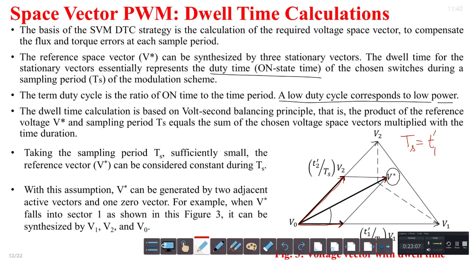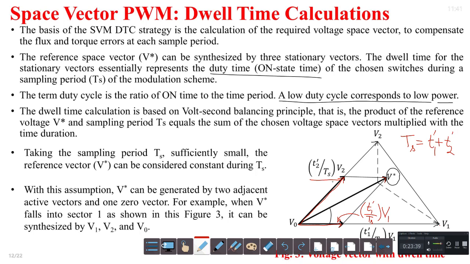Because we apply V1 for T1 dash in a sample period Ts, the length of this voltage vector is T1 dash by Ts into V1. Similarly, V2 is applied for a time duration T2 dash, so the voltage of this vector is T2 dash by Ts into V2.